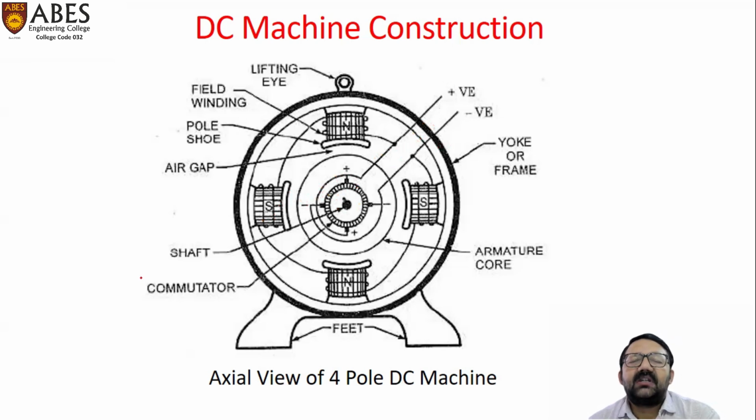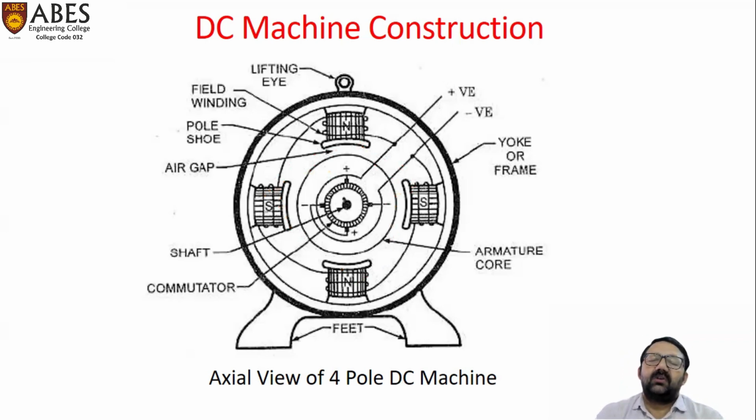Similarly, the same machine can act as a motor, and in case of a motor, the DC input is connected at the brushes. When we connect the DC supply through the brushes and commutator, this DC supply flows through the armature conductors, and these current carrying conductors interact with the magnetic field produced by the field poles.